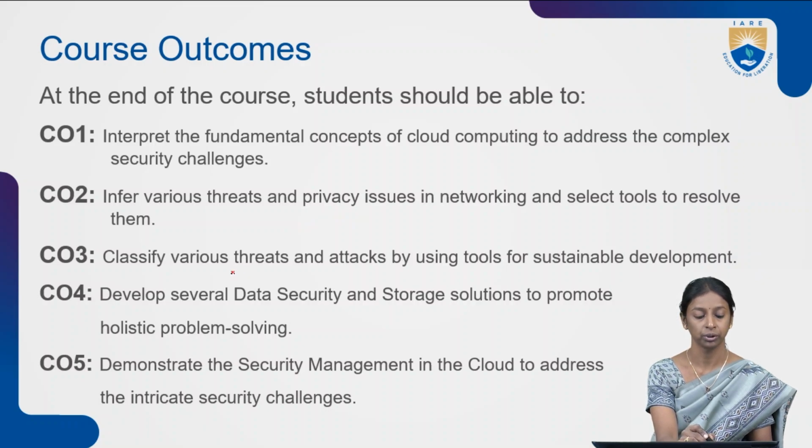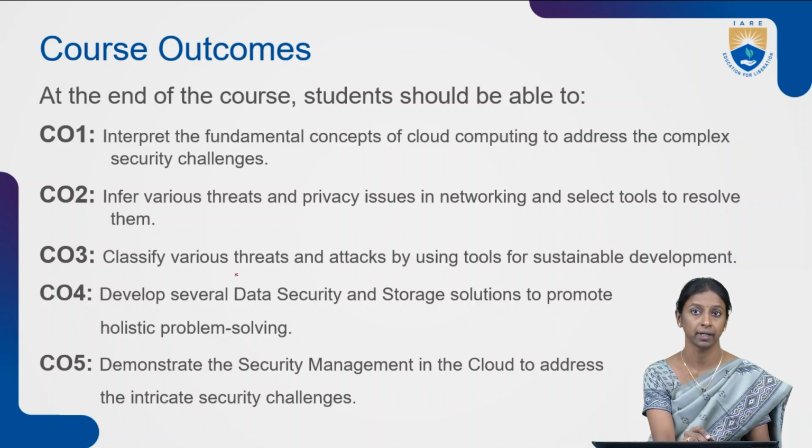Coming to the third course outcome, we can classify various threats and attacks by using tools for sustainable development. So different threats and risks, like denial of service attacks, we can identify and classify for sustainable development in CO3.